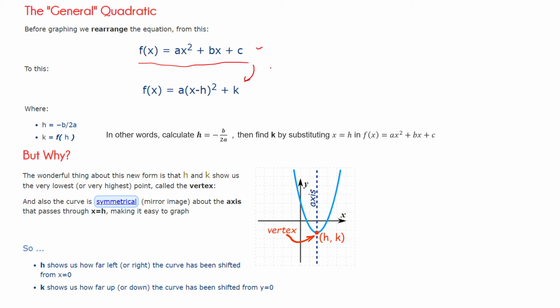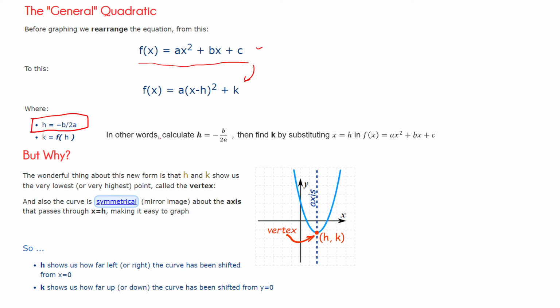We will use a skill called completing the square to rearrange this form into this form. We will talk about completing the square later, but here you may know that this formula is very, very useful. It's called the vertex formula. So by using the vertex formula, we can change this form into this form.